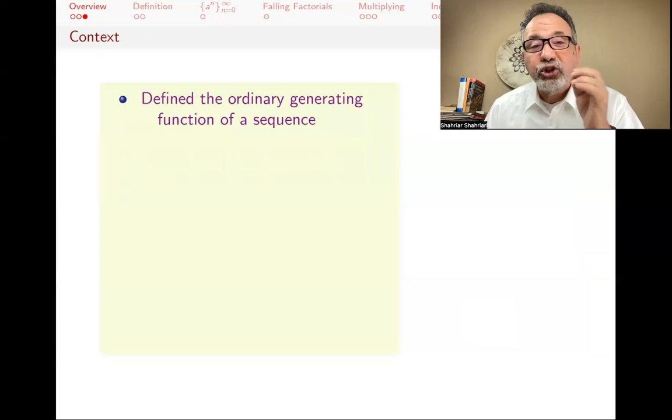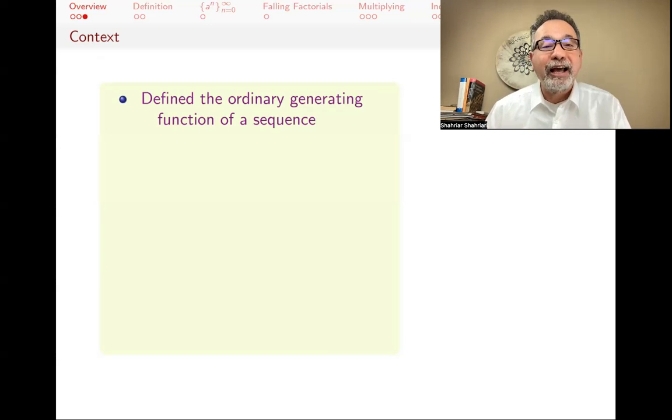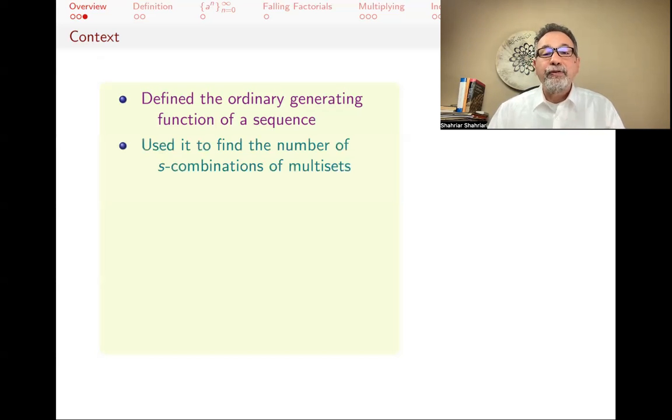But we're not going to use the same kind of generating functions that we used previously, for example in finding S combinations of a multiset. We're going to use exponential generating functions. We had defined the ordinary generating function of a sequence, and we've used it to find the number of S combinations of multisets. We also used that to solve recurrence relations.